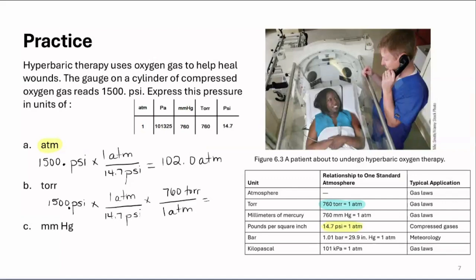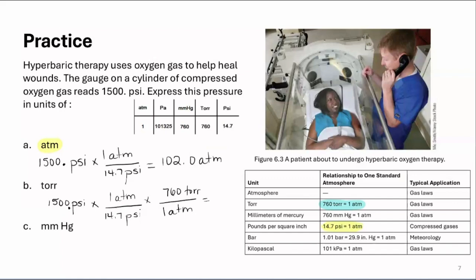In order to do this conversion, I'm going to take 1500, multiply it by 1, multiply it by 760, and then divide that by 14.7.